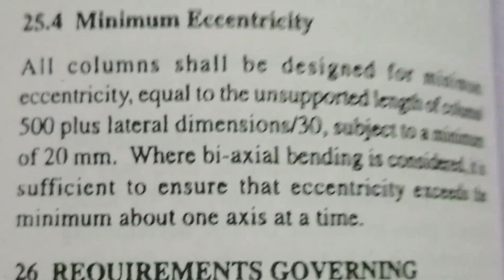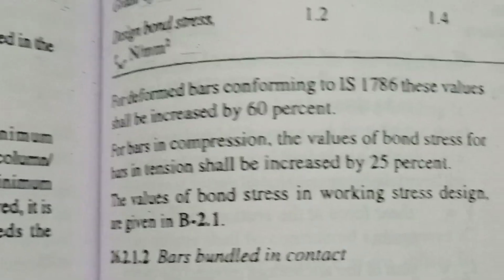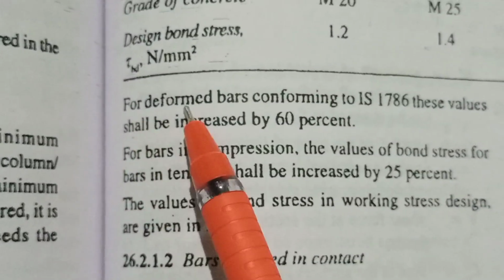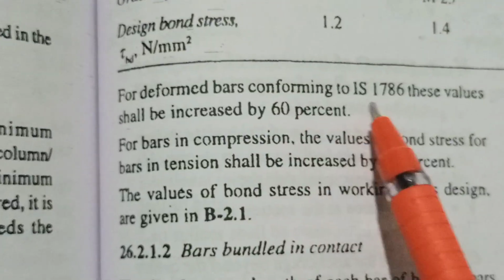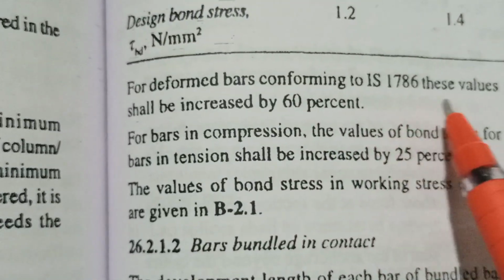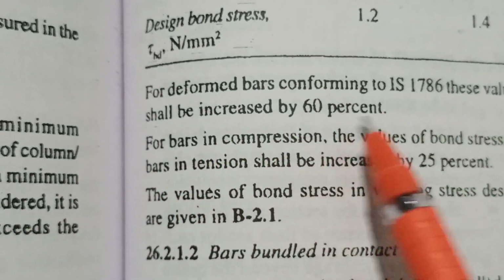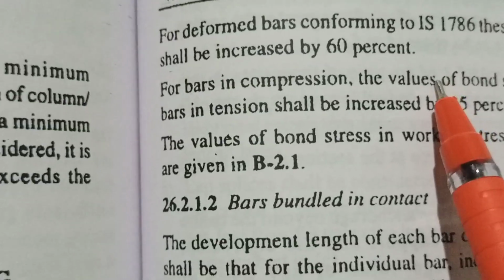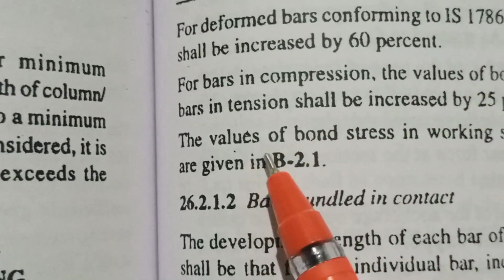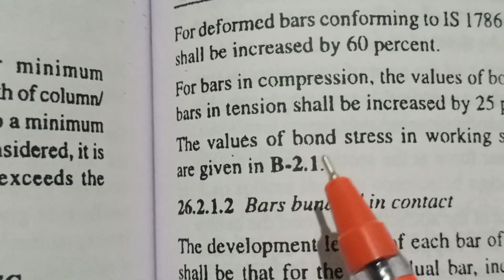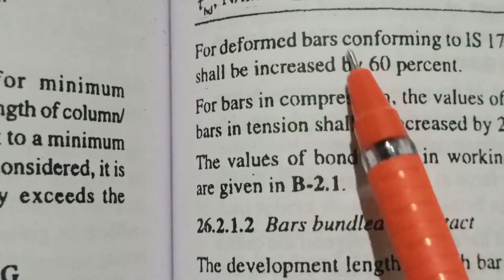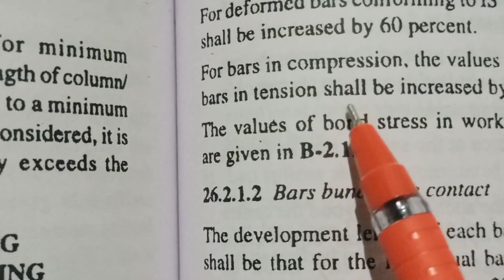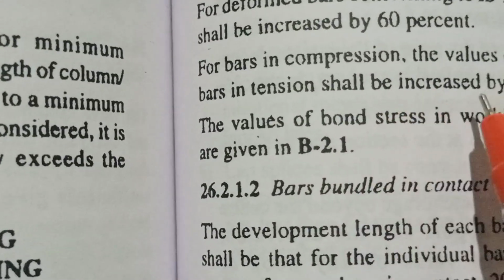They have given, for deformed bars conforming to IS 1786, this value shall be increased by 60%. What they have said? So whatever we are going to use as a design bond stress, that is tau BD, these values again increase by 60%.